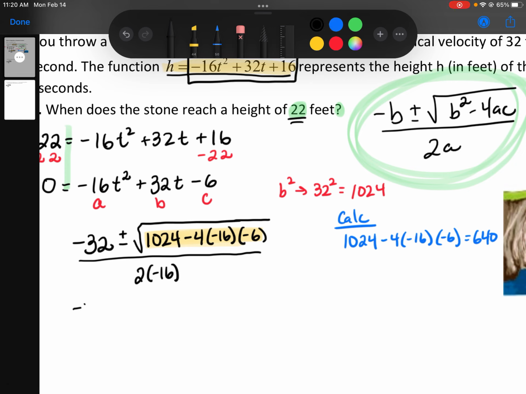So that means I have negative 32 plus or minus the square root of 640 divided by 2 times negative 16, which is negative 32.